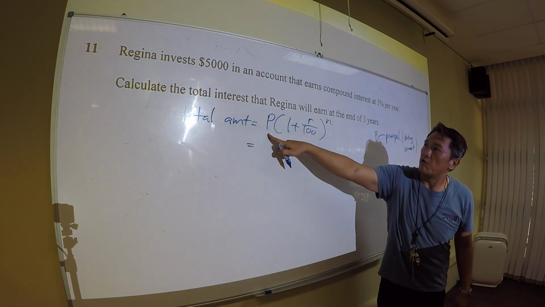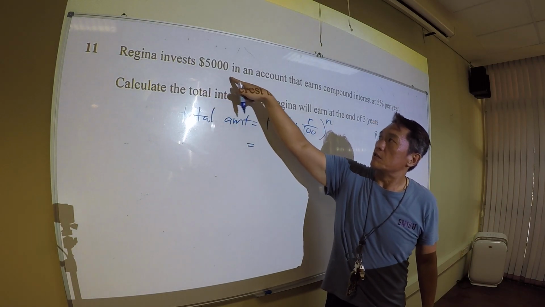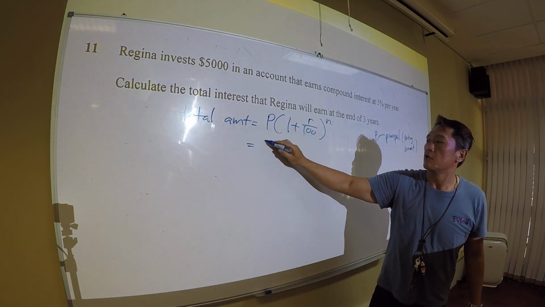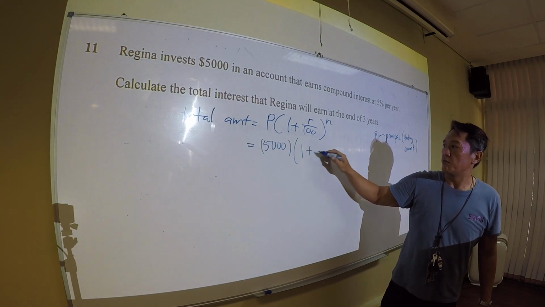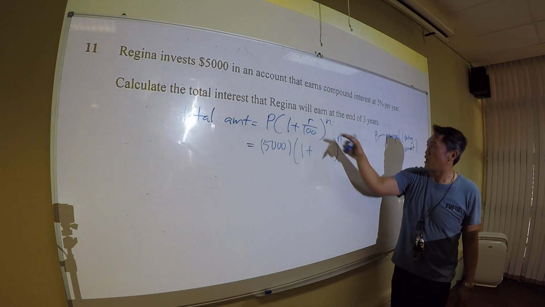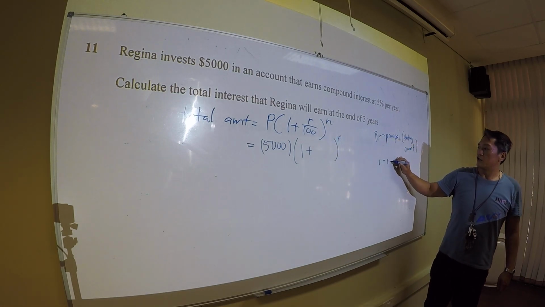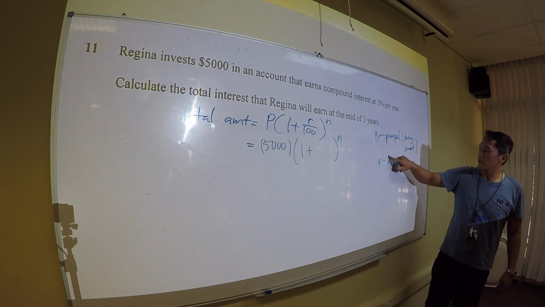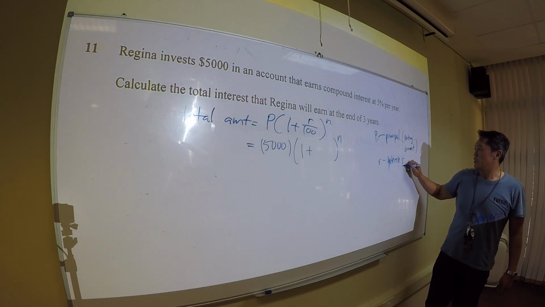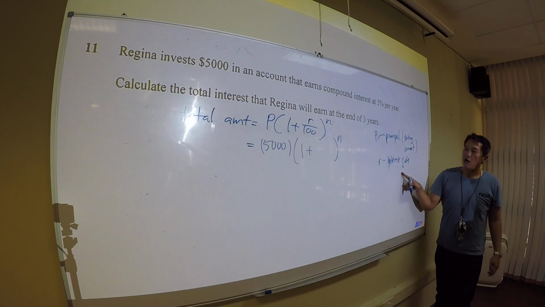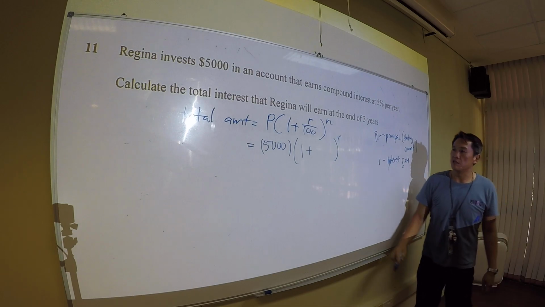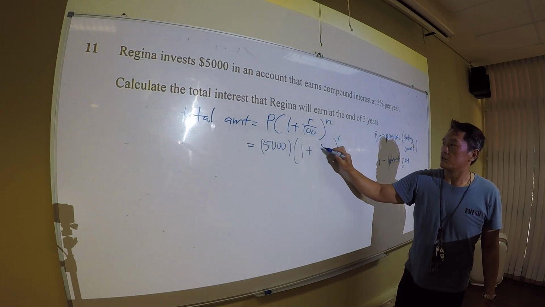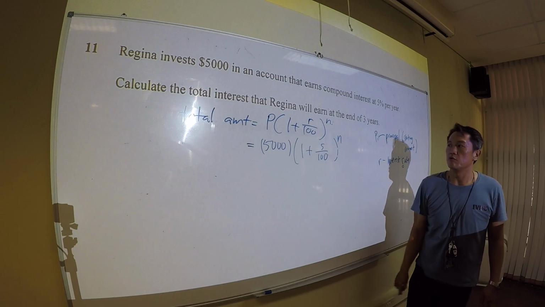So your starting amount is 5,000. You start with 5,000. So your P is 5,000. Inside your bracket, what is R? R is your interest rate. That's why it's called R. Then your interest rate is given as 5% per year.